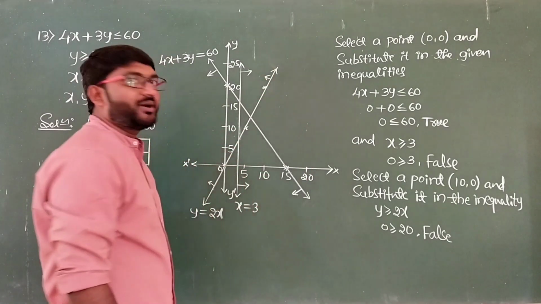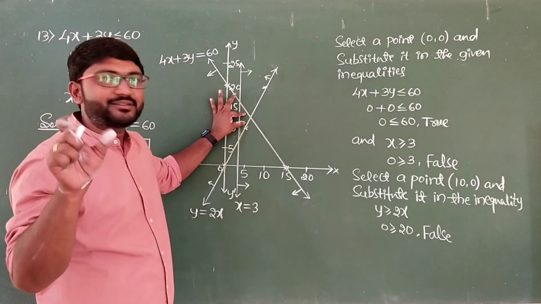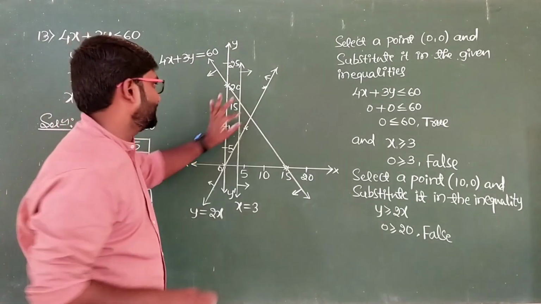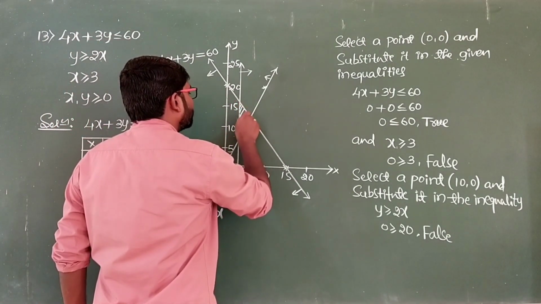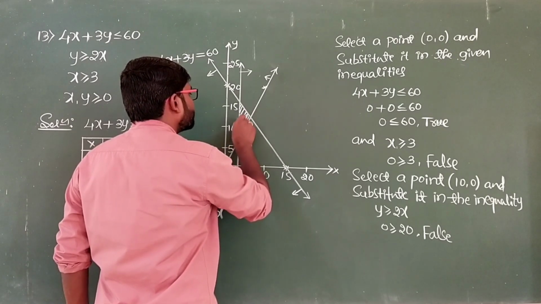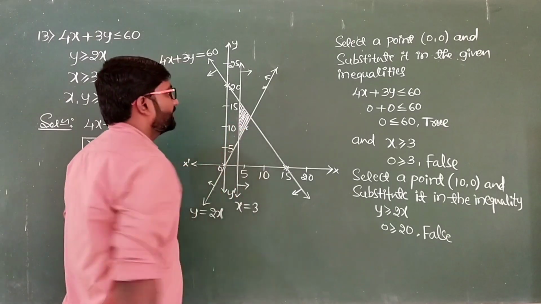That means for all the three lines this smaller portion is going to be the common region and it is the solution region. For all the three lines we have to search for the common region. This is the common region for all the three lines.